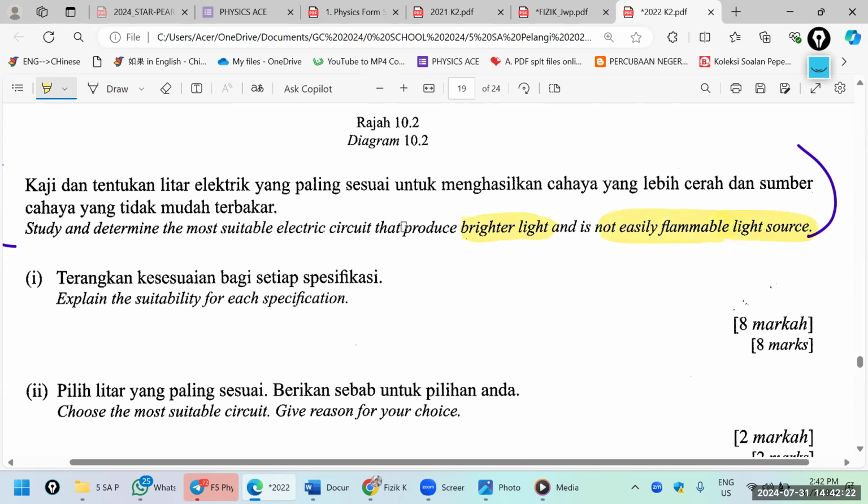Good. If you cannot say brighter light, what else can you say? Higher light intensity. Very good.